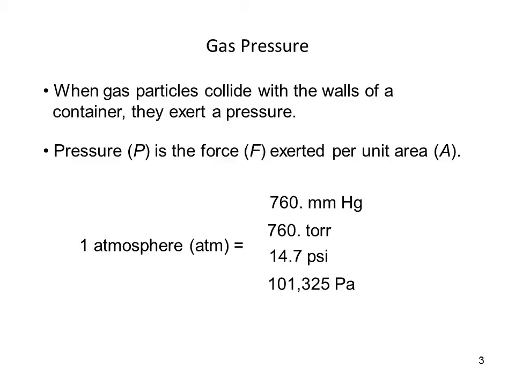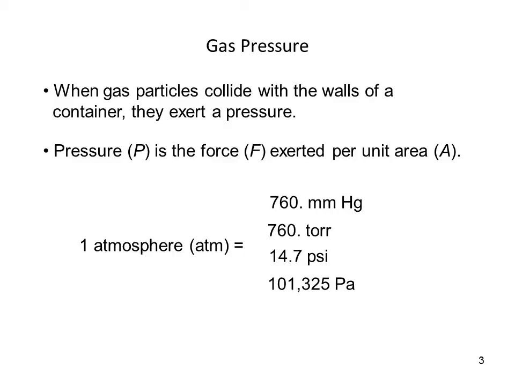1 atmosphere is about what we're experiencing from the atmosphere around us right now. Now, this is not talking about the atmosphere itself. This atmosphere, 1 atmosphere, is not really truly the atmosphere. This is a unit of pressure. 1 atmosphere as a unit is equal to 760 millimeters of mercury and is equal to 760 torr.